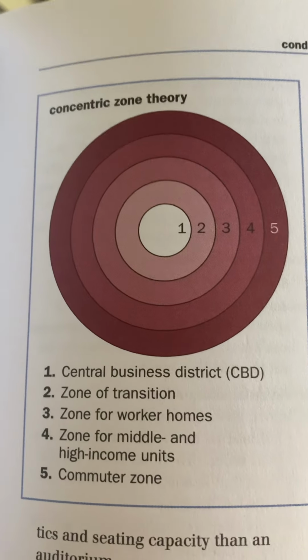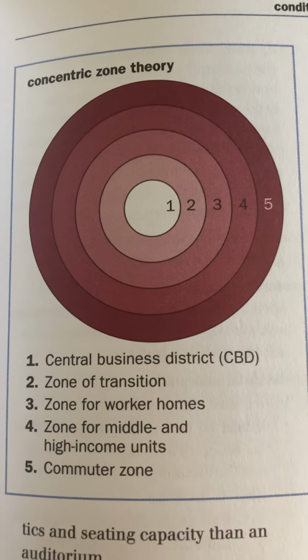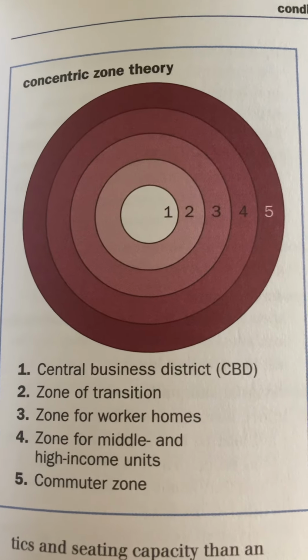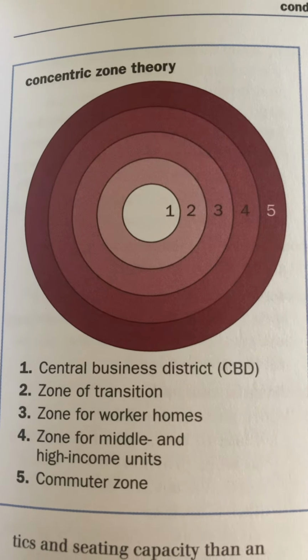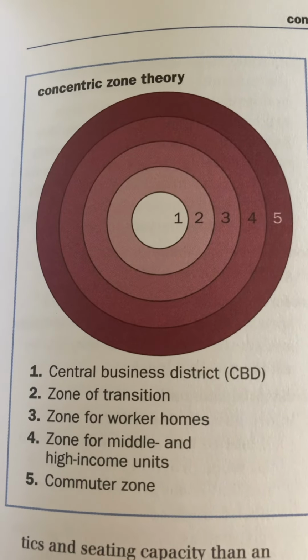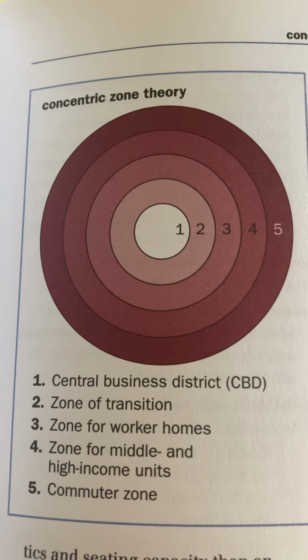Concentric zone theory. Here is an example. It shows in the center the number 1, which is the central business district, CBD. Surrounding that in zone 2 is the zone of transition.